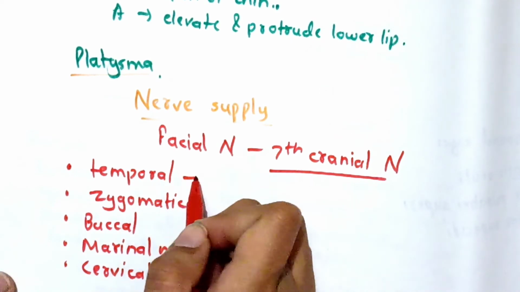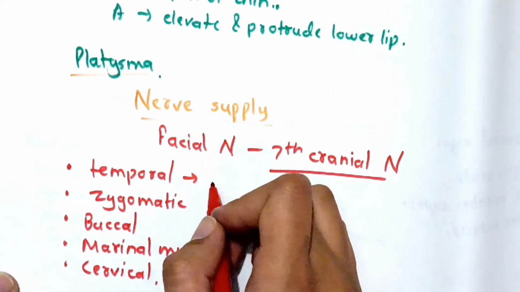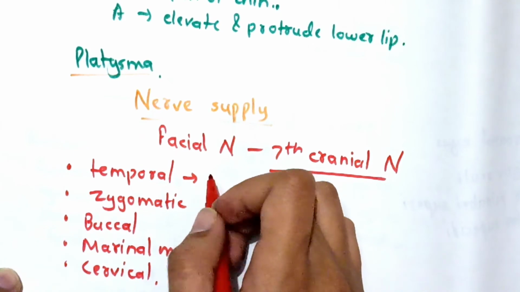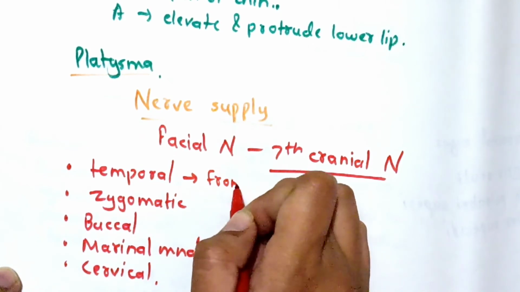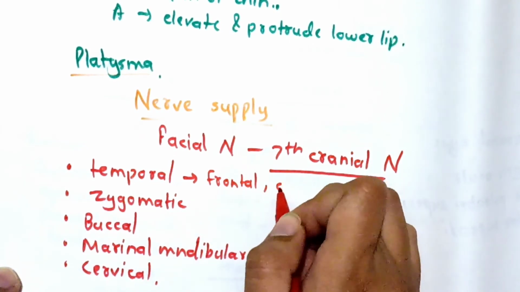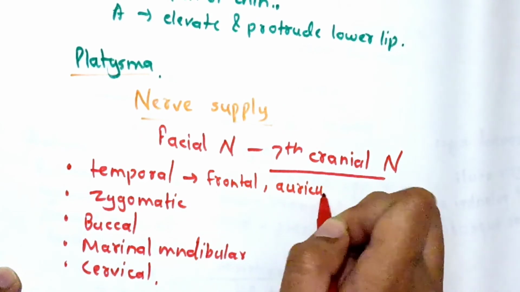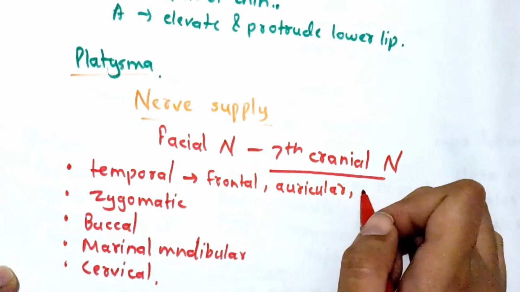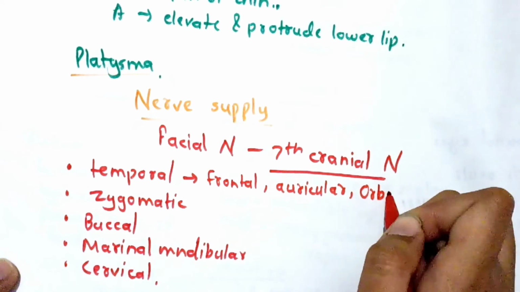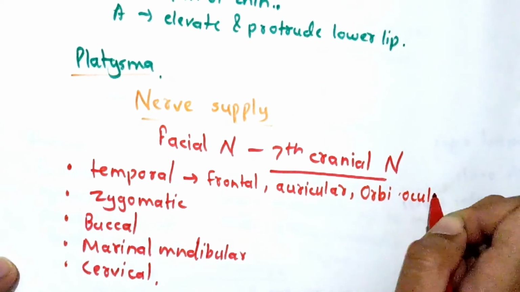So this temporal branch will supply the frontal muscle, auricular muscle, and the muscle around eyes, which is orbicularis oculi.